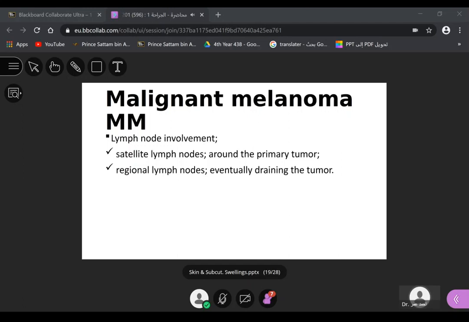Many patients, when they are diagnosed, already have distant metastasis, indicating that the tumor is highly malignant. As I have mentioned, it is one of the main causes of death among patients with skin cancer.